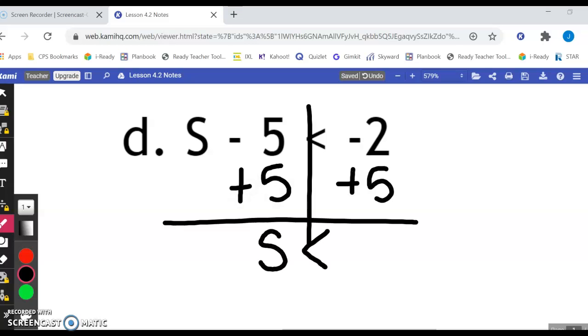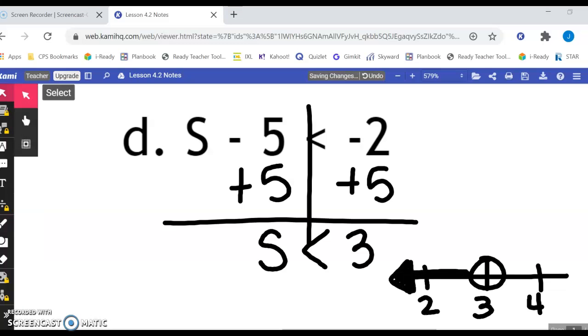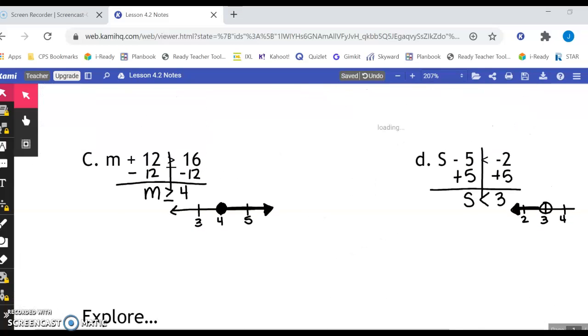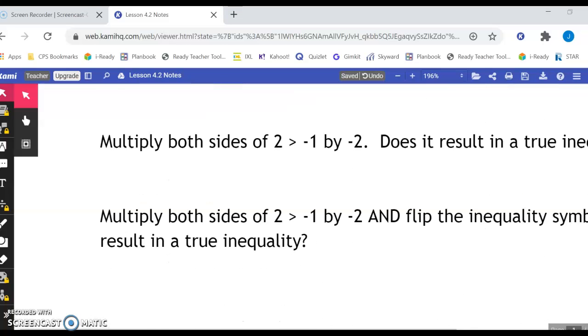So s is less than, -2 plus 5 would be 3. And 3 is in the middle, circle it. S is less than, it's not equal to, so we're leaving it open. The less than gets shaded to the left. So really nothing different than we've been doing for solving equations, except for remembering not to write an equal sign when you solve and adding your answer on a graph.